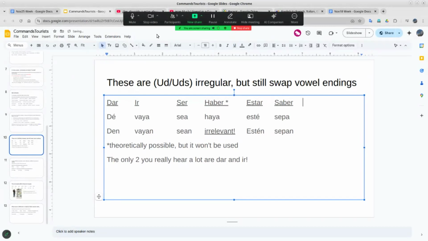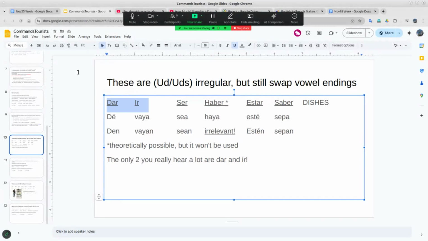That's how people like me who had to know this to pass tests remembered which verbs are irregular in commands for usted and ustedes. Notice we're not talking about tú here, yeah? These are irregular forms of commands for usted and ustedes.